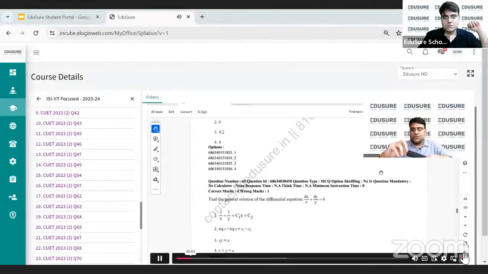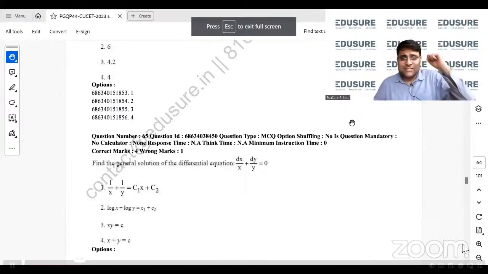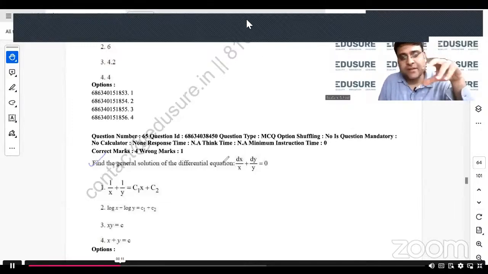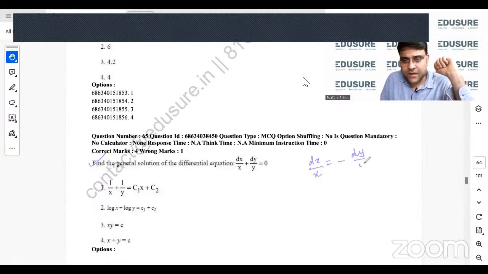So CUET 2023 shift 2 question number 65. Find the general solution of the differential equation this. So dx by x is equal to minus dy by y. I integrate: log x is equal to minus log y plus c.